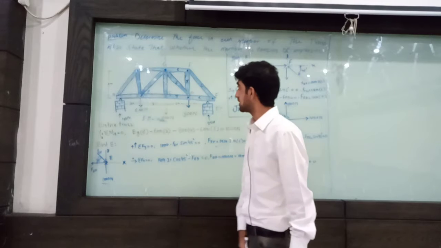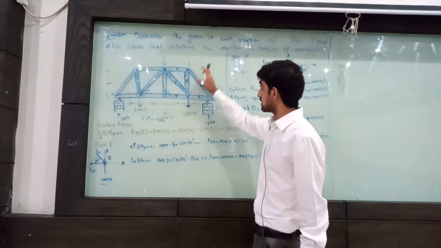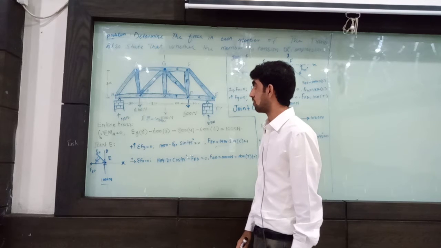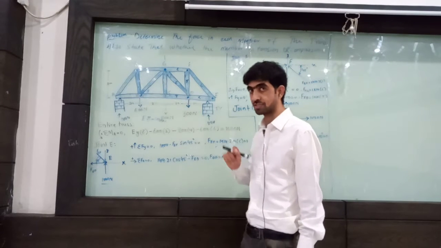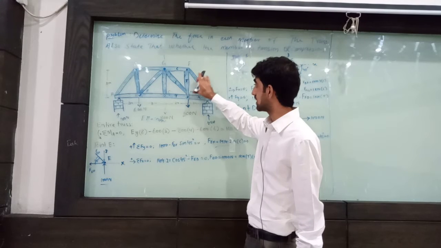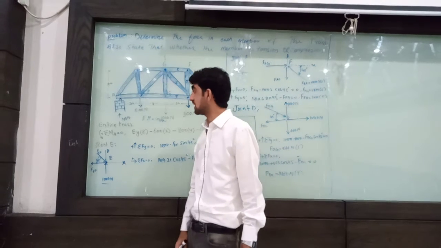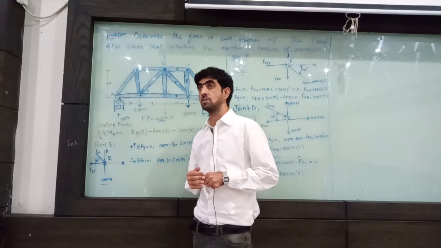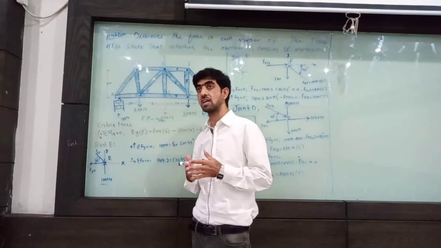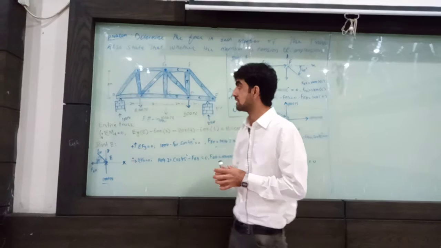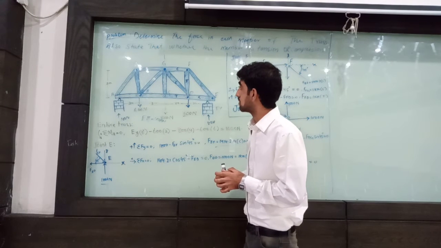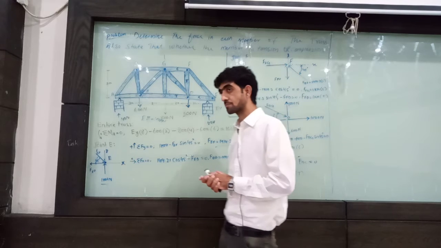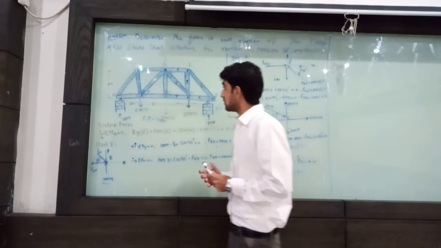You can see this structure is made of steel. This type of structure you can see in real life, but it is mostly used in railway roads and bridges.